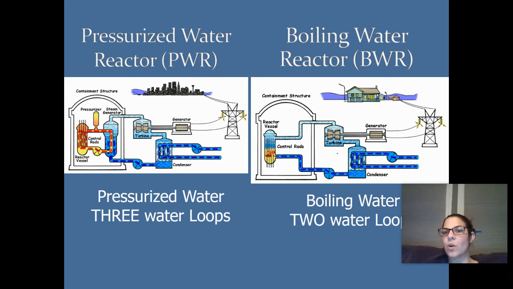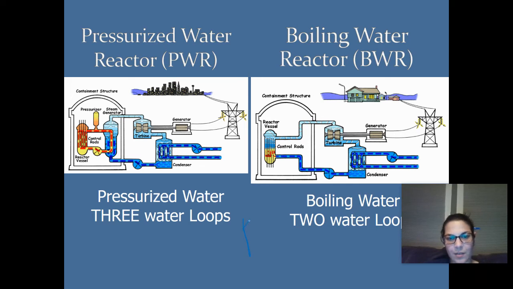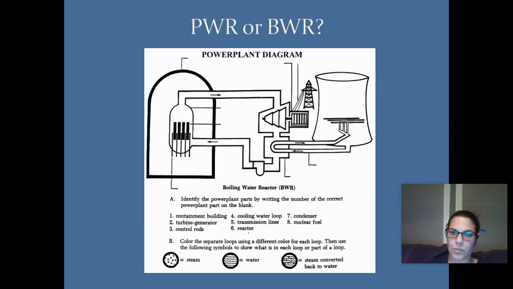Whereas your boiling water reactor has two loops, just like your B. If I were drawing a normal B, your B has two loops. So that's a really easy way to remember that your boiling water reactor has two loops, your pressurized water reactor has three loops.